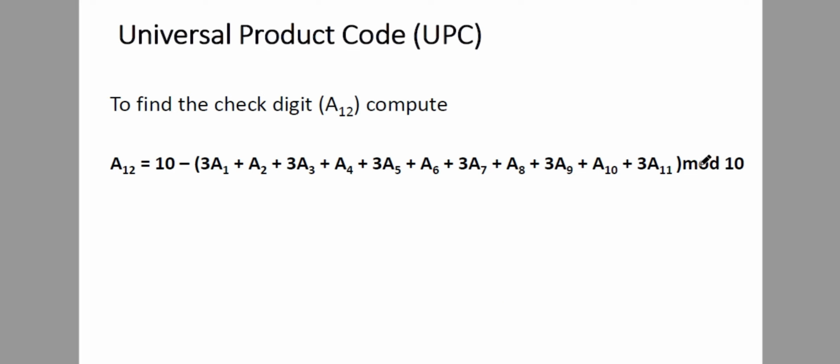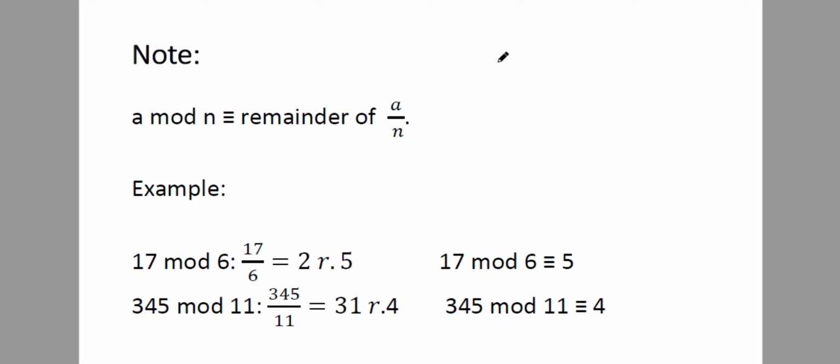Now in our case, this is mod 10. Say for example, we have 26 mod 10. Basically this is just 26 divided by 10. You may check that this is 2 remainder 6.